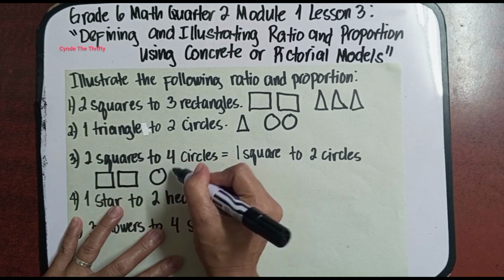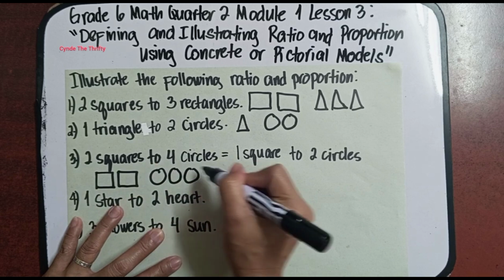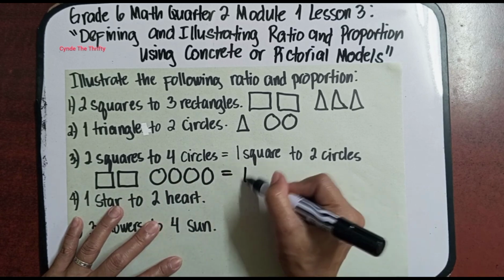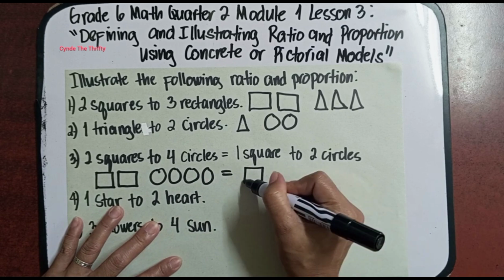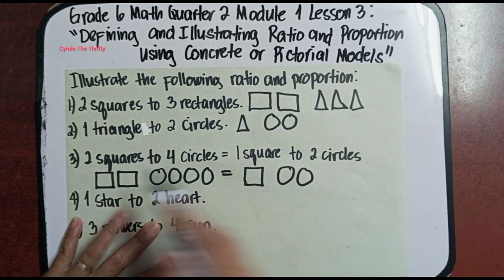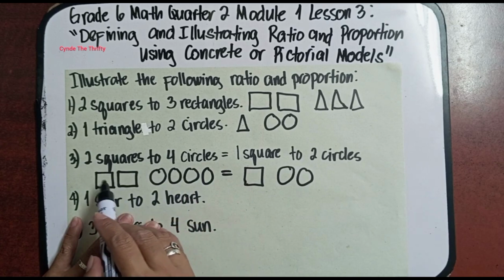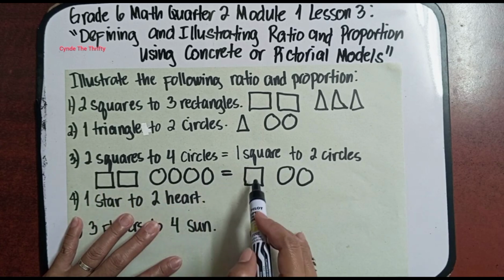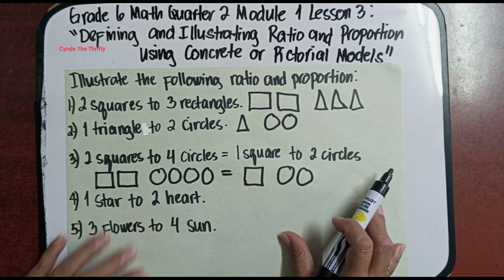So 1, 2, 3, 4 is equal to 1 square. Okay, so 1 square to 2 circles. So 1, 2. Ayan, so 2 squares to 4 circle, dalawang square, 4 na circle is equal to isang square, dalawang circles.